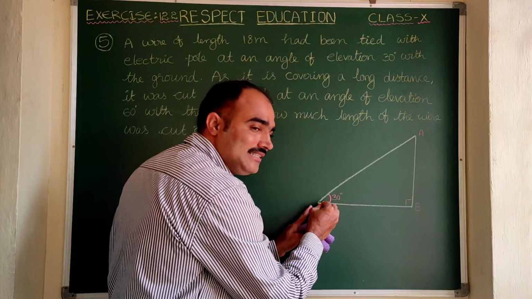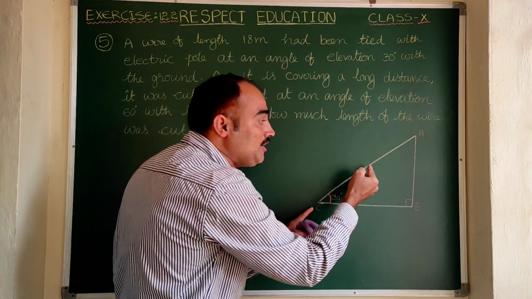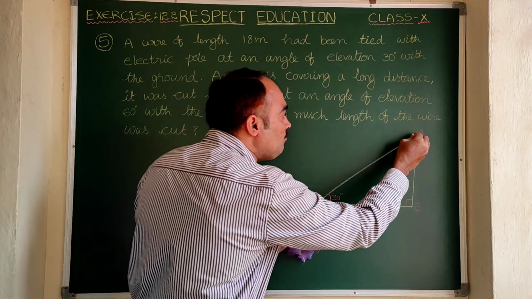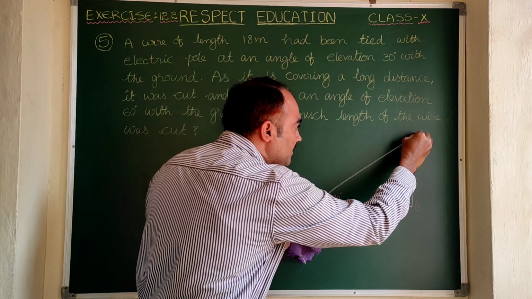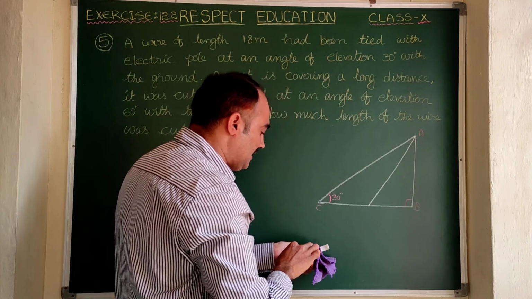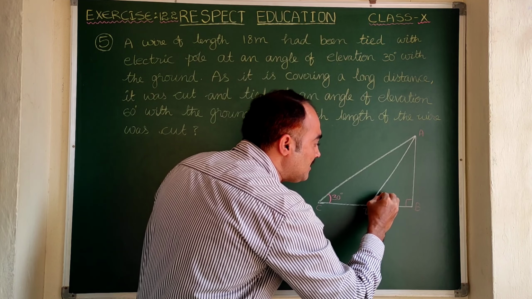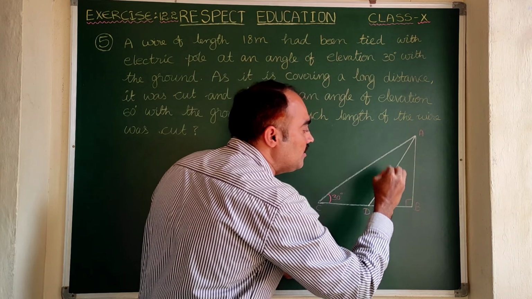If AC is cut, it will be shorter. The short wire is tied again at another point. Let us take this point as D, where the wire makes 60 degrees with the ground.